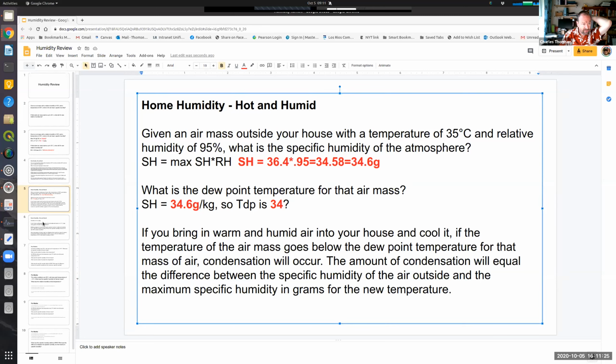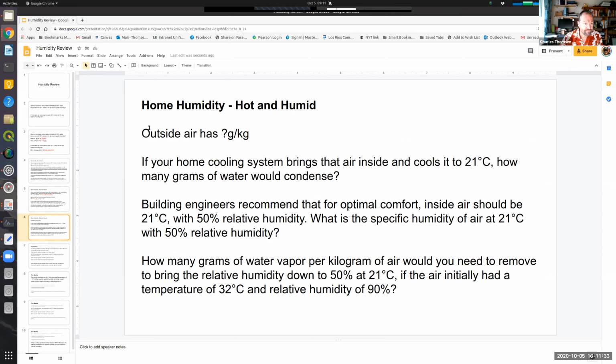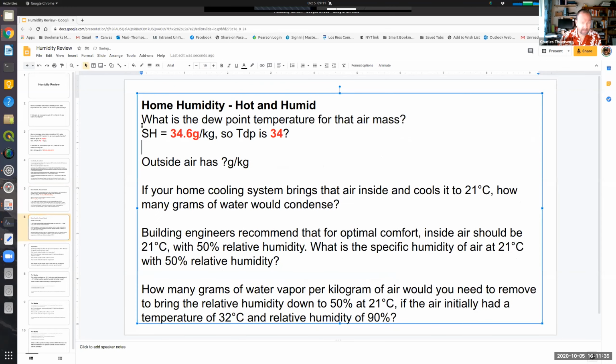Do I need any of these numbers? I'm just going to copy that and take it with me to the next page. So the outside air has 34.6 grams per kilogram, right? Oh, yeah, this is the part that I did backwards.